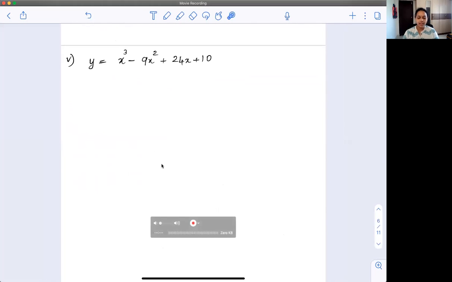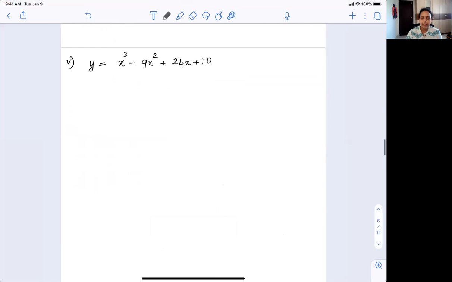Yes, I am. Okay. So we're given another cubic function here. Let's first find the critical points. Let me set y prime equal to 0. My y prime is 3x squared minus 18x plus 24 equals 0. Can I take out 3 here? So I have x squared minus 6x plus 8 equals 0.